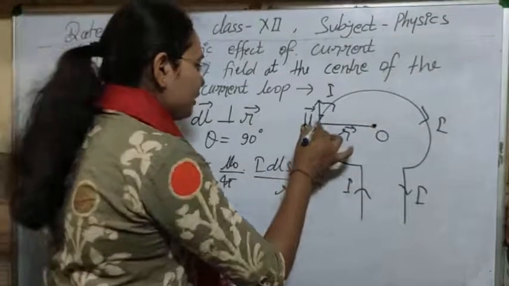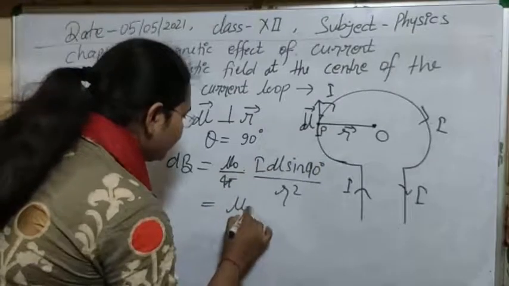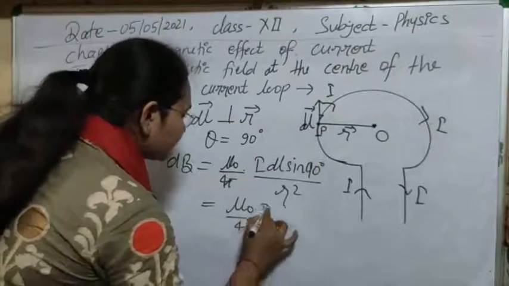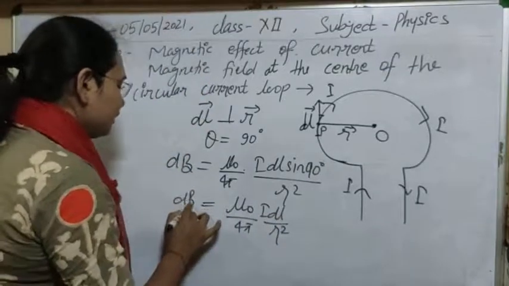Suppose this is our point P. If you solve it, we obtain dB equals mu 0 upon 4 pi, I dl upon r square.